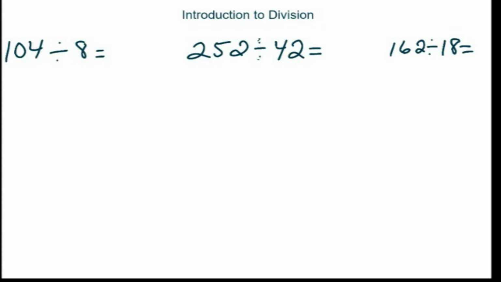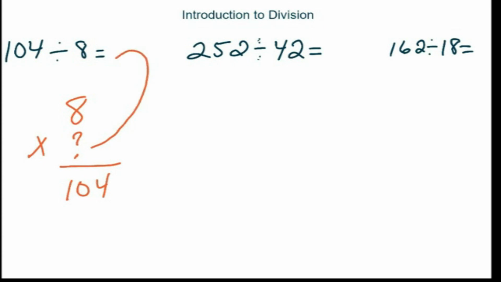We have to guess which number times 8 would give us 104. Whatever number multiplied by 8 gives us 104, that number is our answer to this division problem.